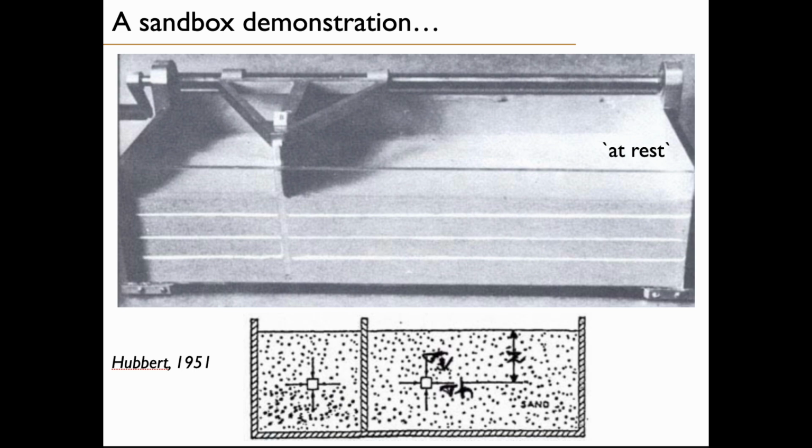This can be demonstrated by a sandbox experiment. So you see here an apparatus from an experiment which was carried out in the 50s, and that's a sandbox. So this is sand marked with passive markers of sand of a different color, and here is a piece of metal that can move to the left or to the right in order to either compress one side and extend the other side.